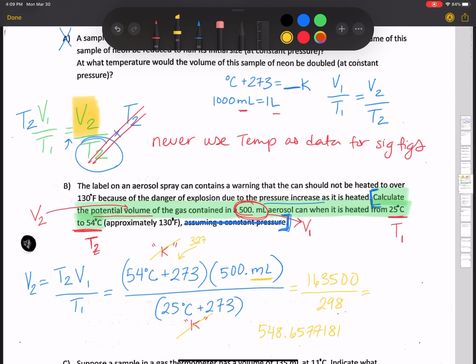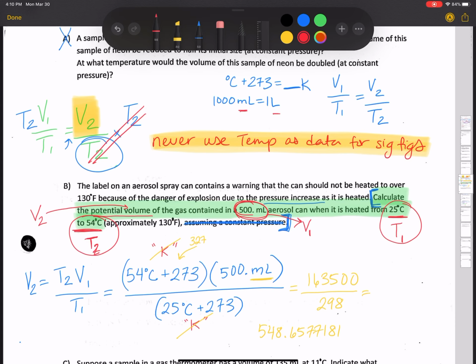So this is really critical for you, because if you do use temperature as your data for sig figs, every one of your answers is going to be incorrect. So please be mindful of that. Let me go back to my calculation answer here. Since I know to never use temperature as data for sig figs, I'm not going to look at this 25 degrees Celsius, and I'm not going to look at this 54 degrees Celsius.